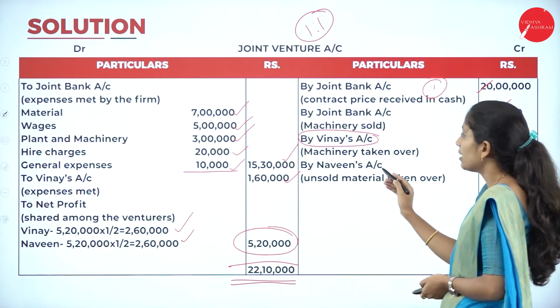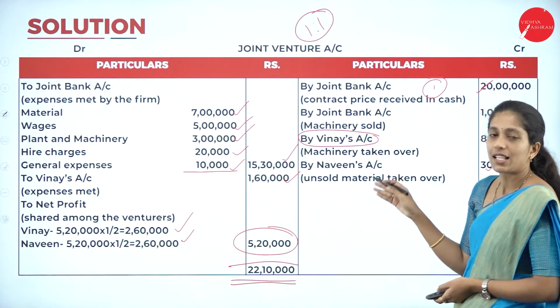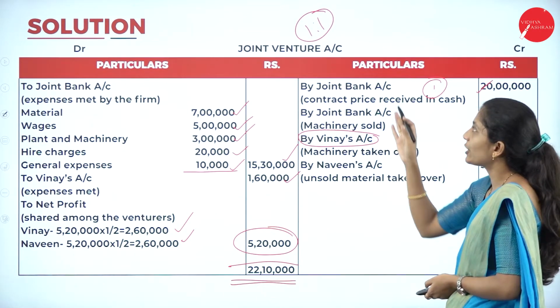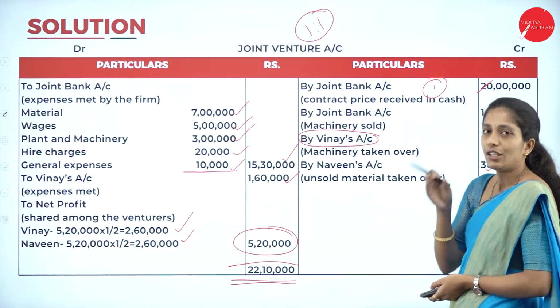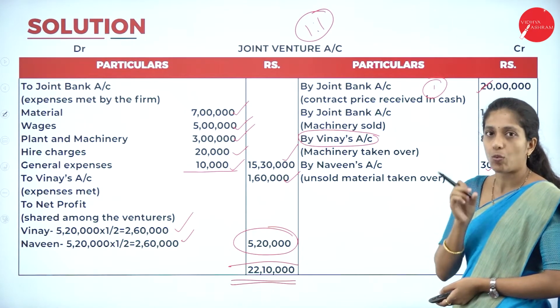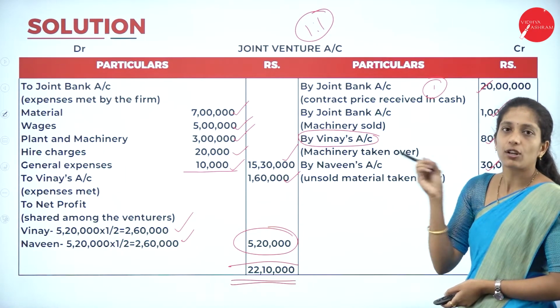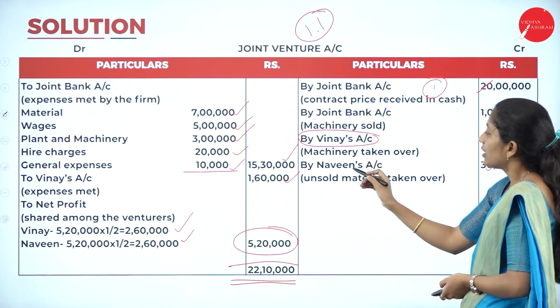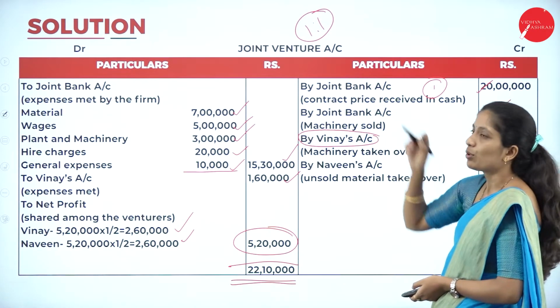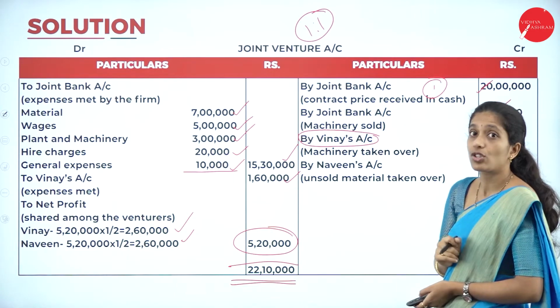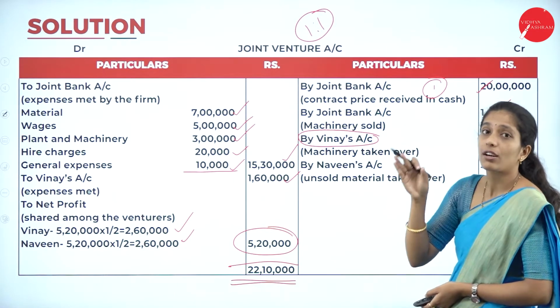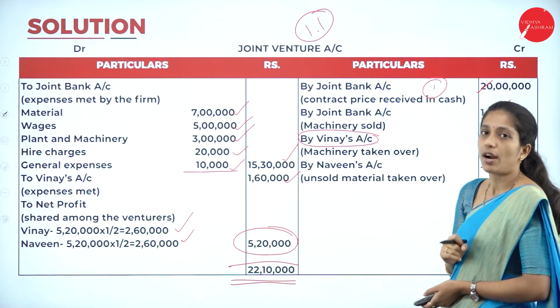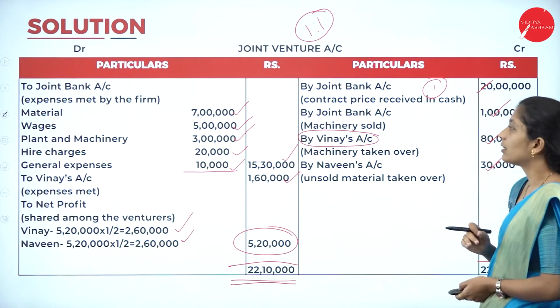In the same way, Naveen has taken over unsold material. There is no need to record joint venture again. We have already written one entry, but in a different column you will write the amount. The entry will be Naveen's account debit to joint venture account. What is the amount? 30,000.